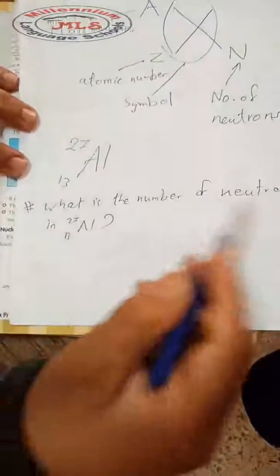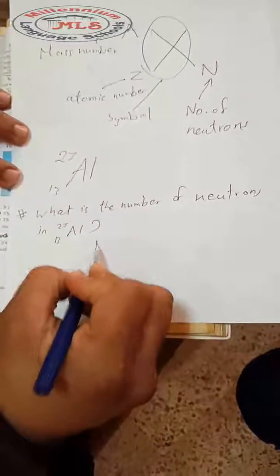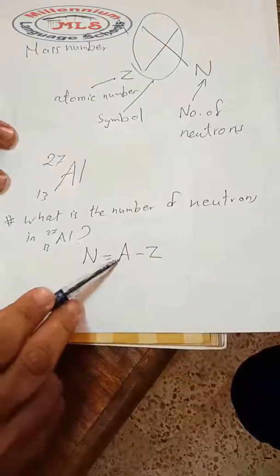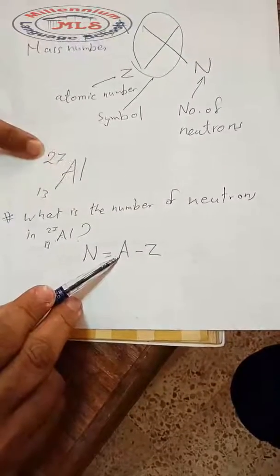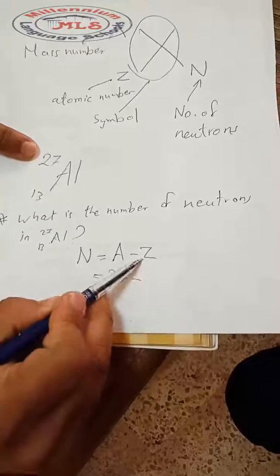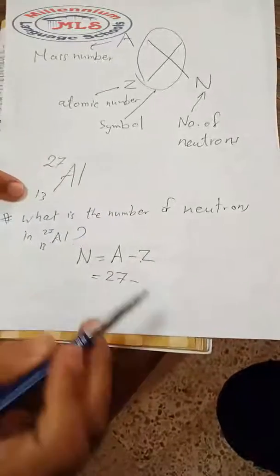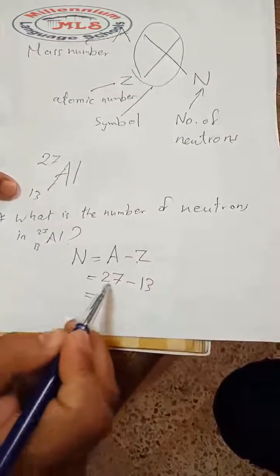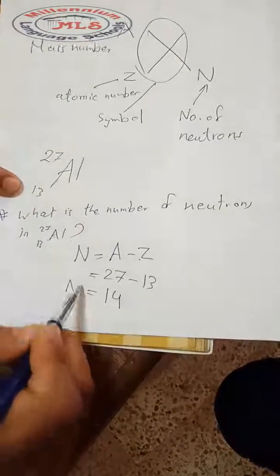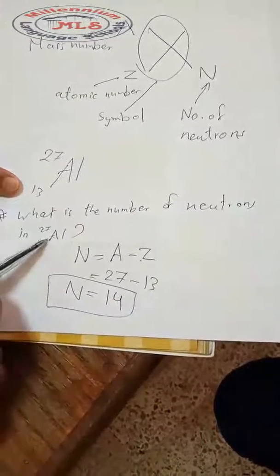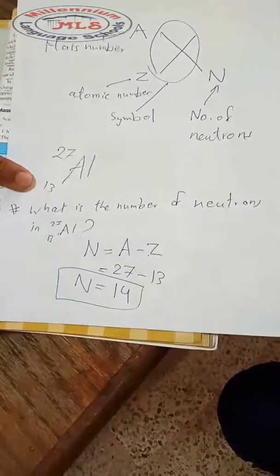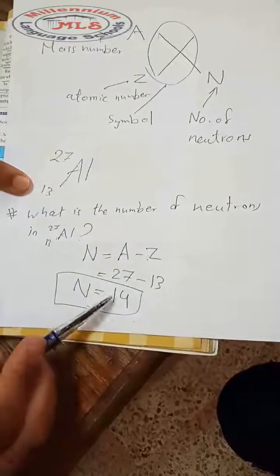To calculate the number of neutrons, we use the rule N equals A minus Z. So where is the A? This is the A, 27. Where is Z? This is Z, 13. So 27 minus 13 gives us 14. So we have 14 neutrons in aluminum normal isotope, which is aluminum 27. Okay, here the number of neutrons is 14.